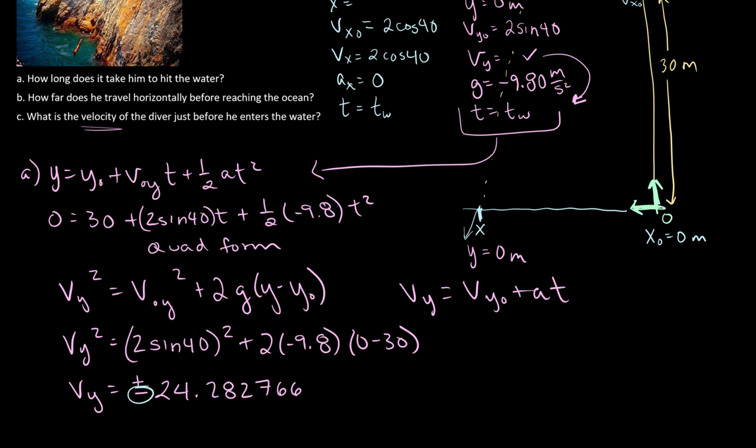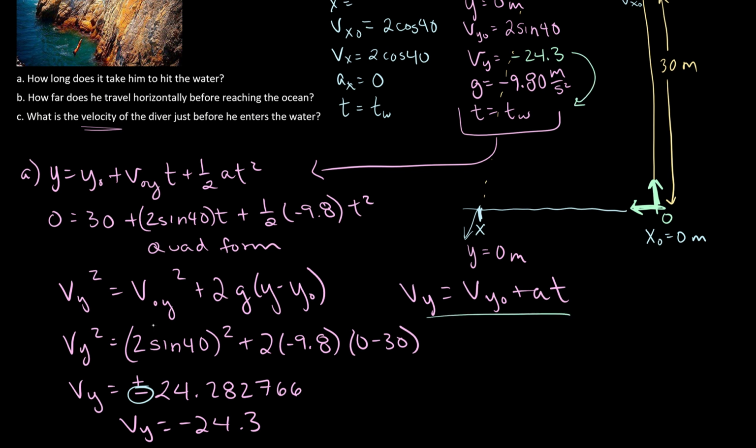So we want to choose the negative, and Vy equals negative, if we round, 24.3 meters per second. Okay, so we solved for Vy, and now let's use that number to solve for time.